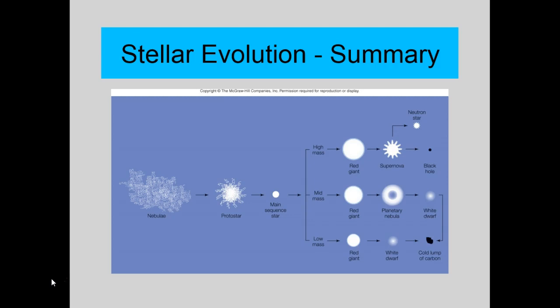They don't mention that here, and that becomes ultimately a white dwarf. When the white dwarf finally cools, it's just a cold lump of carbon.